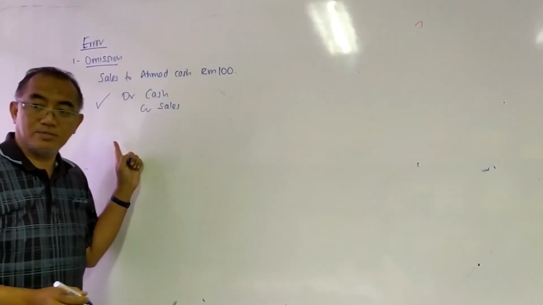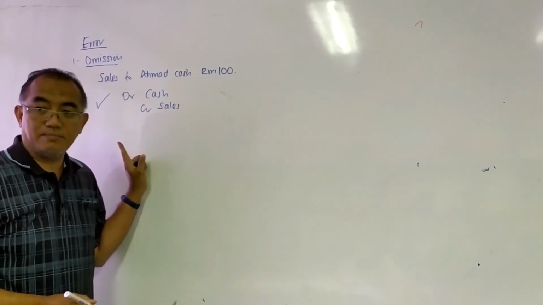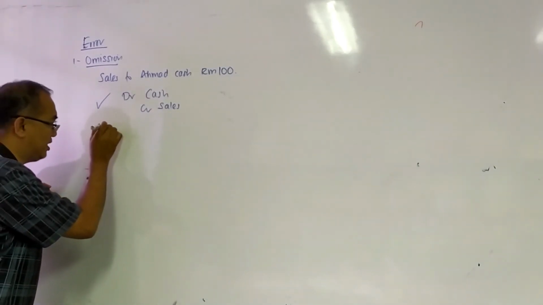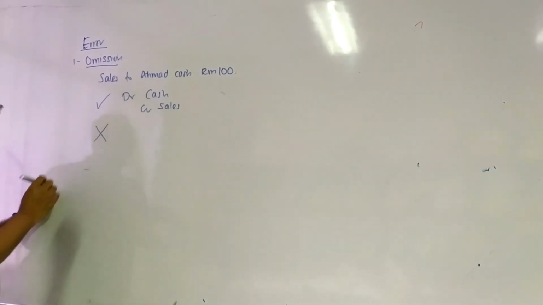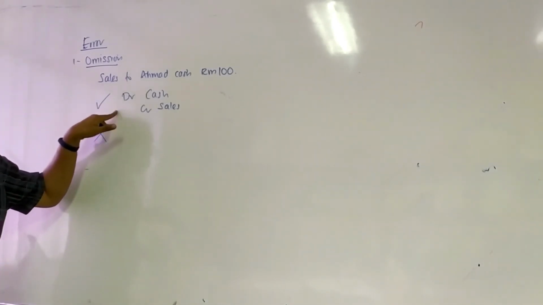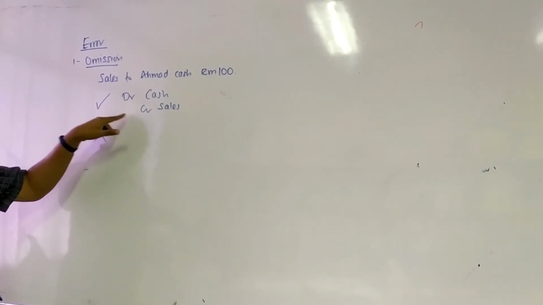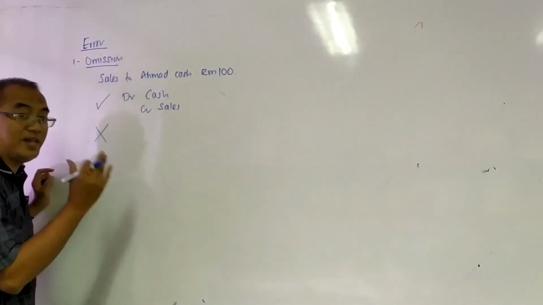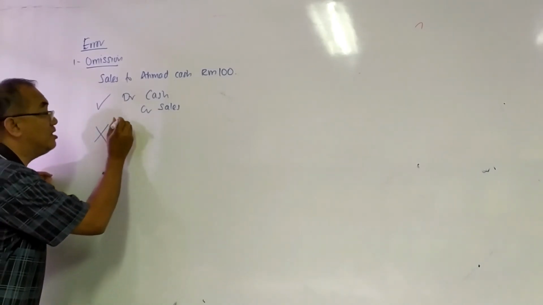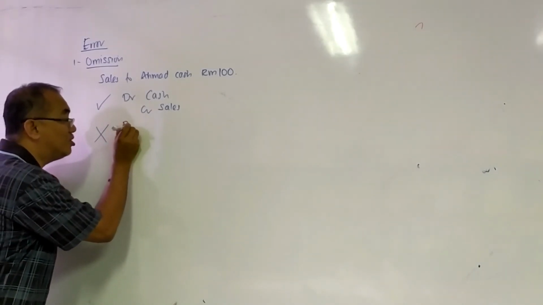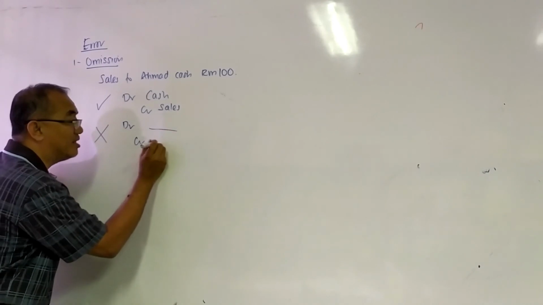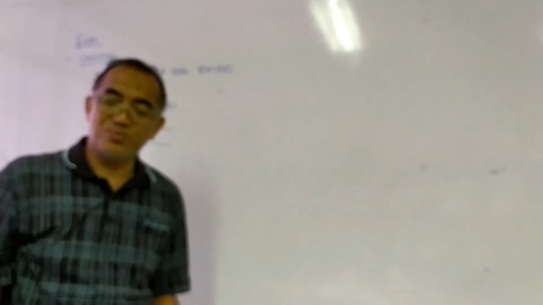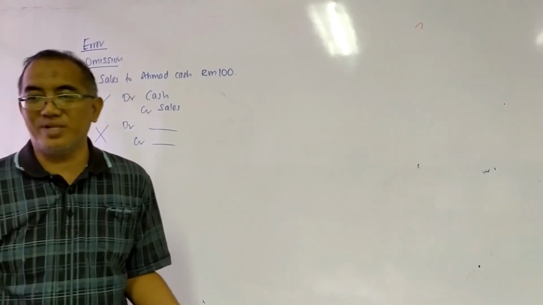This is the right journal entry. But the error that you have made is that there is no debit and no credit, because you forgot. You forgot and didn't write anything at all.